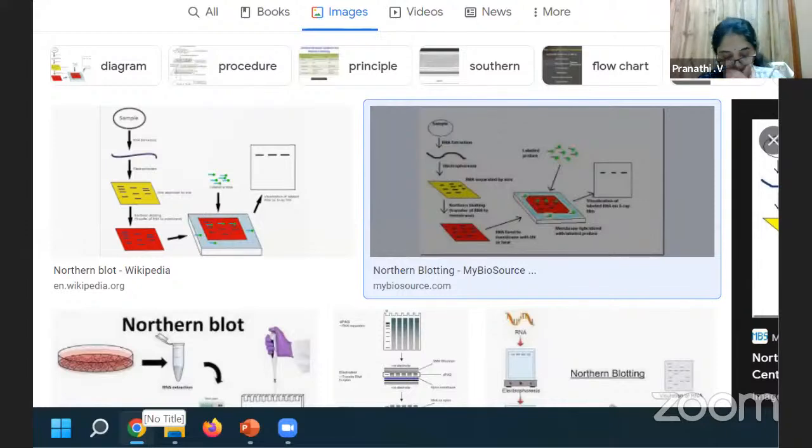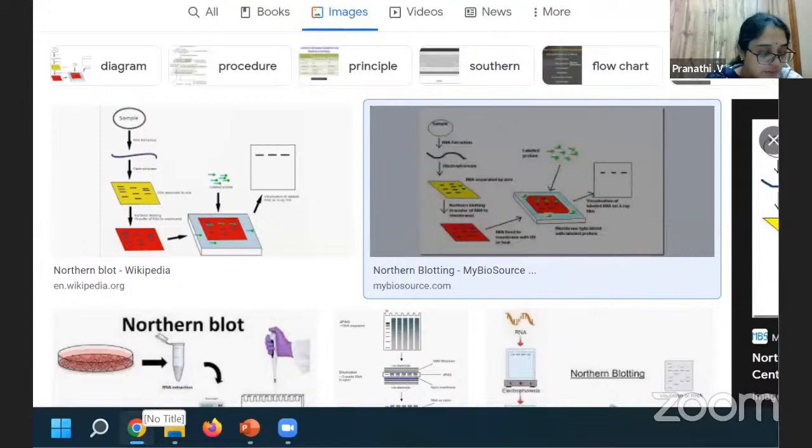Then the aliquots are done, and the template DNA is added to 4 different types of reaction mixtures, including the DNA polymerase.